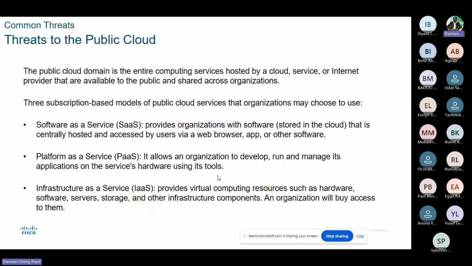So software as a service means that on the public cloud, there are services being provided to you. Software as a service provides an organization with software stored in the cloud that is centrally hosted and accessed by users via a web browser, app, or other software. A good example: I believe some of you must have used Google Spreadsheet, Google Documents, or Outlook.